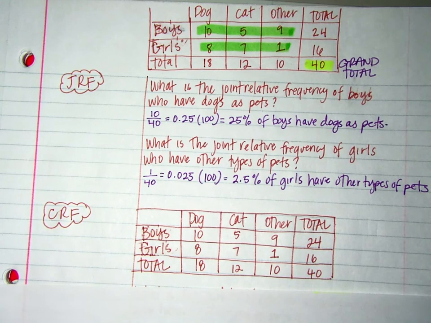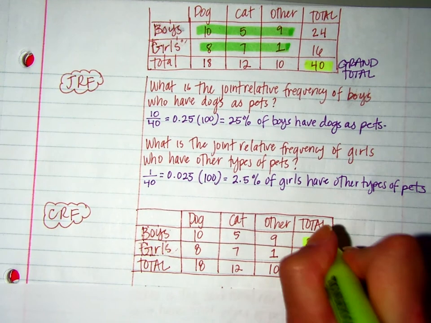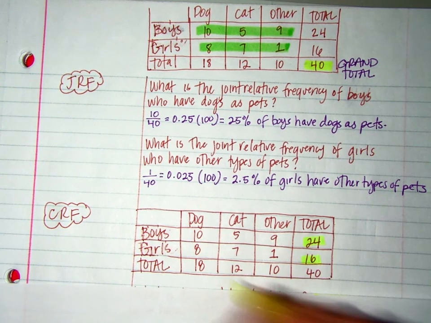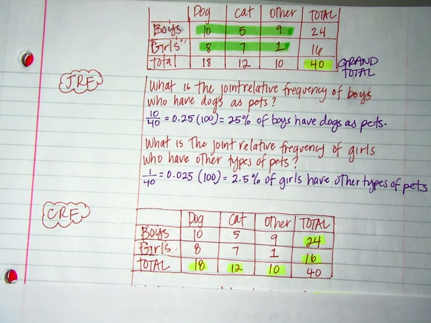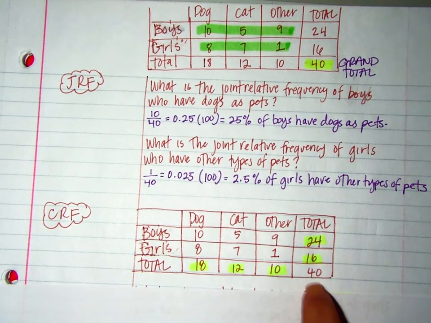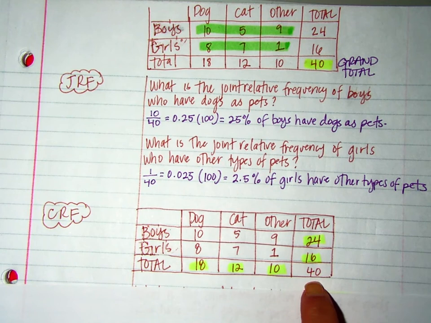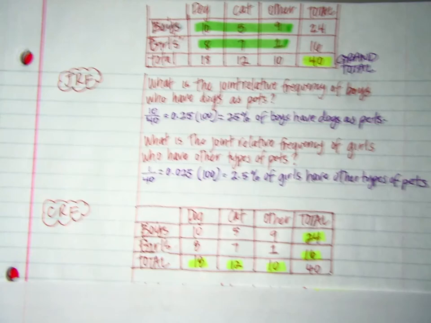Okay? And remember, for conditional, we had orange. Okay? Now, we're going to either be dividing by this number, or one of these three numbers, depending on what category gets mentioned first. We are not dividing by the grand total. So remember, we are not dividing by the grand total. Okay?